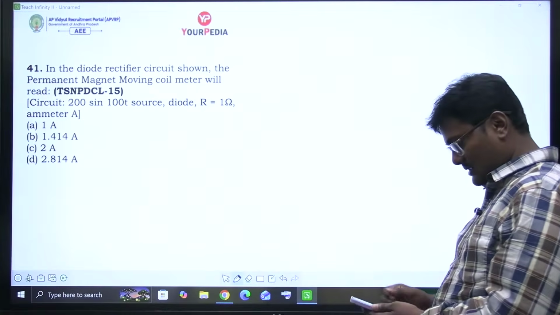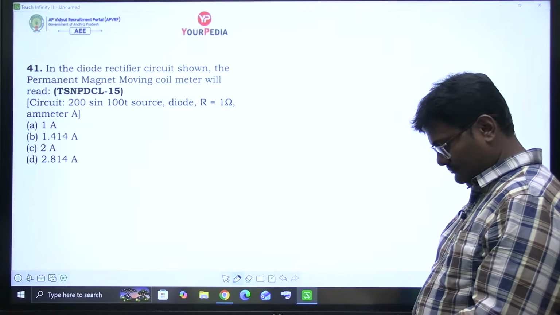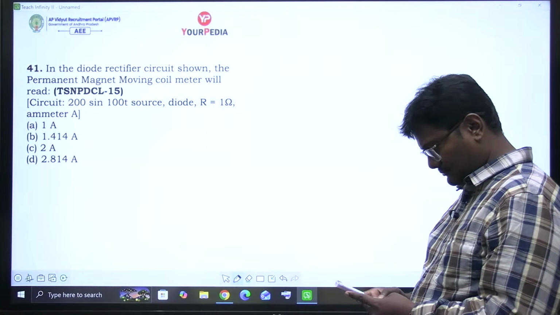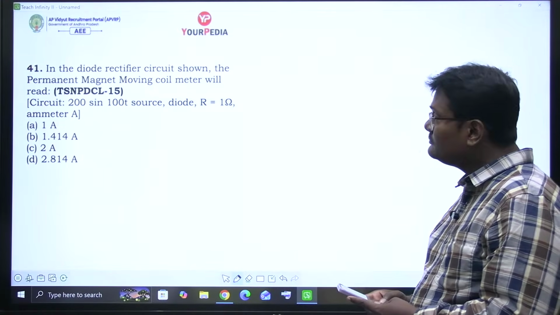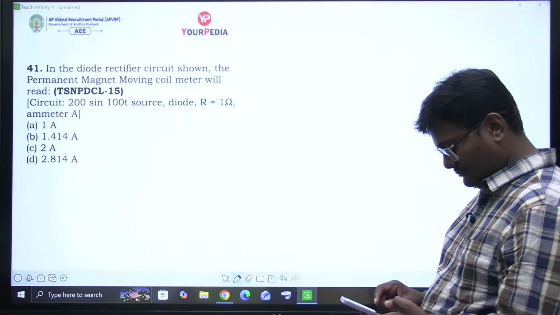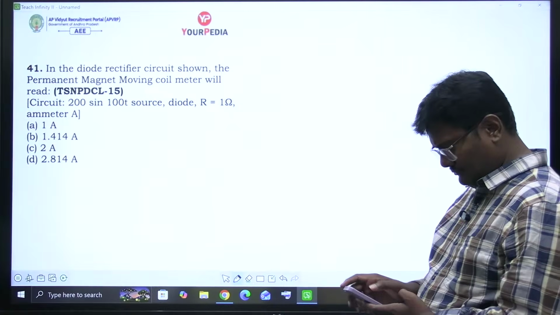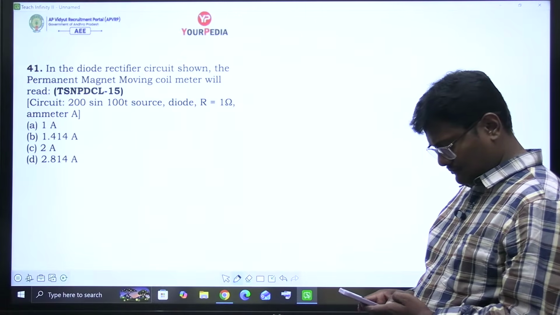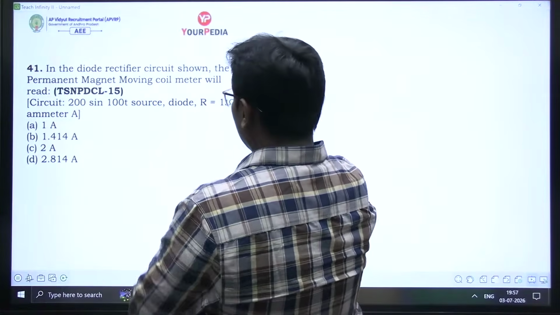So I will check the question also. Yes. See, so the question is not visible here. Right, current source R is equal to 1 ohm. Okay, nothing is a problem.